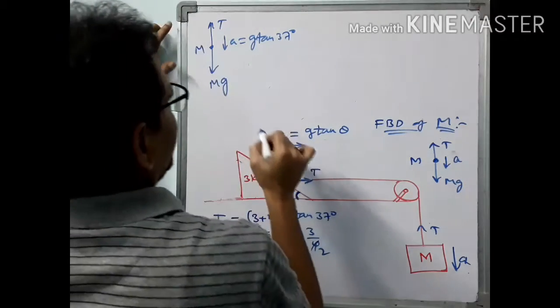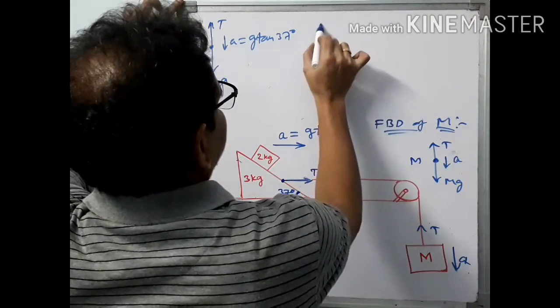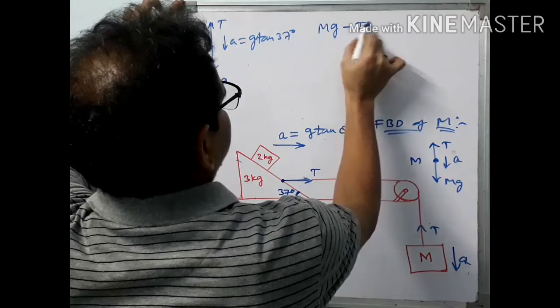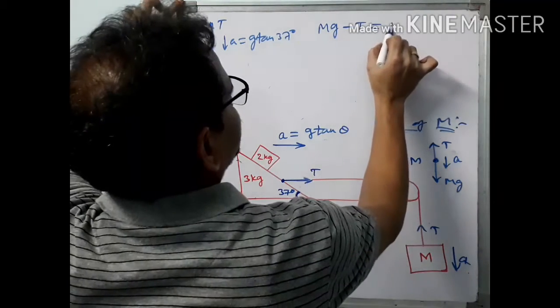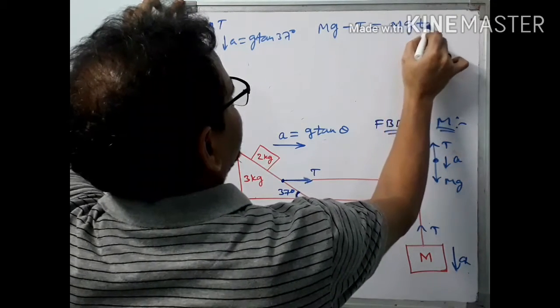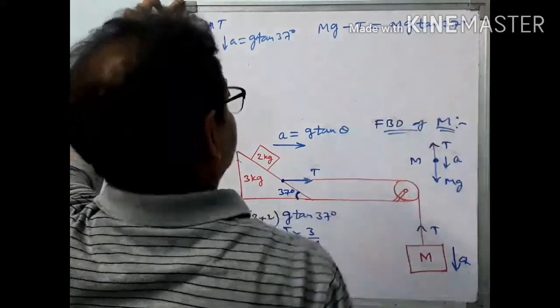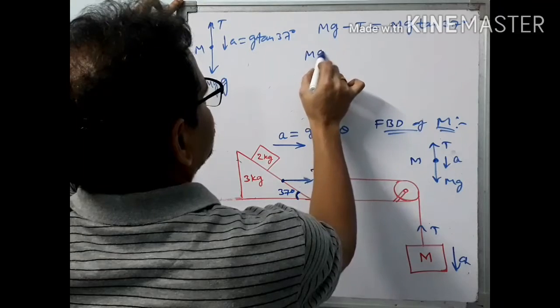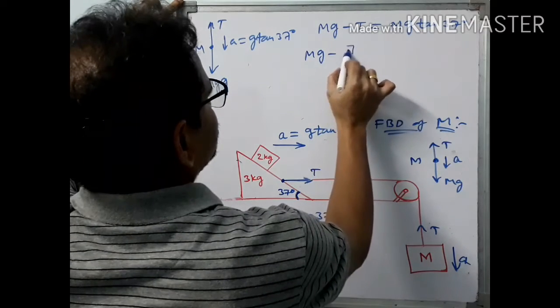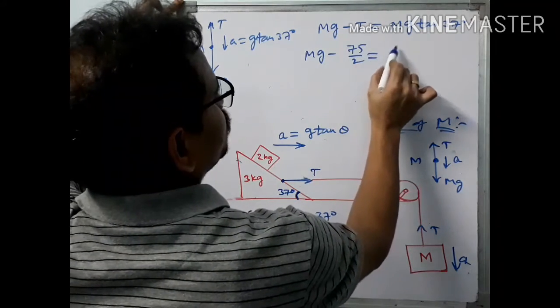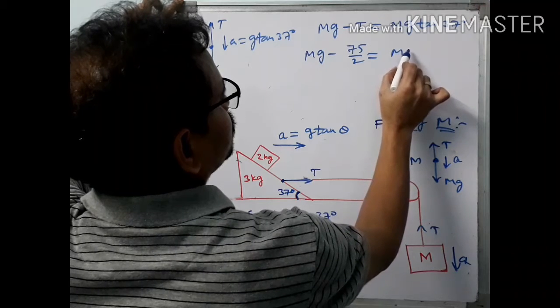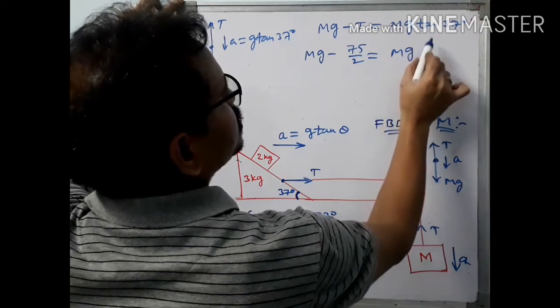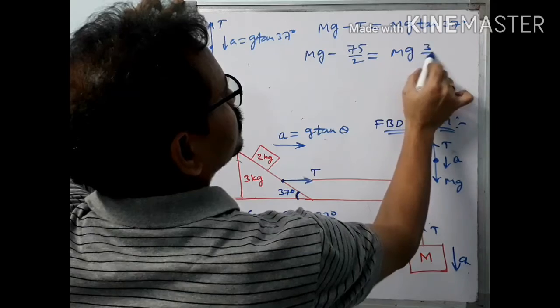This is mass m. Now, mg minus T equals m g tan 37 degrees. What is T here? 75 by 2. So mg minus 75 by 2 equals m g times 3 by 4.